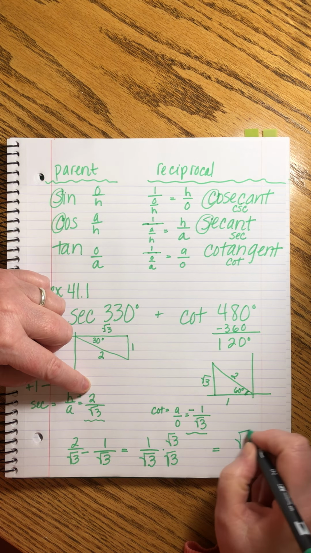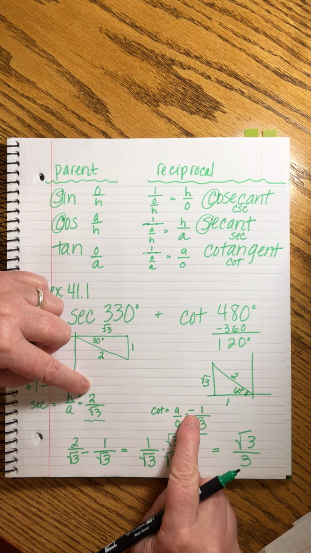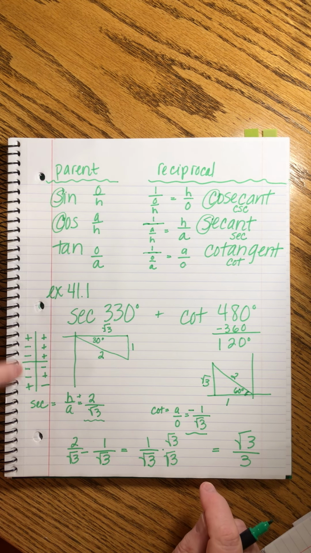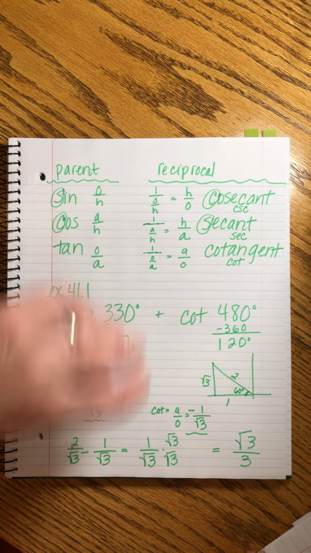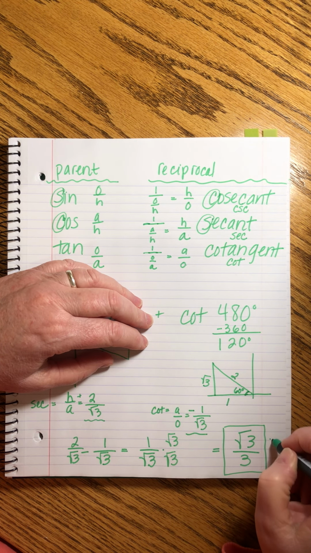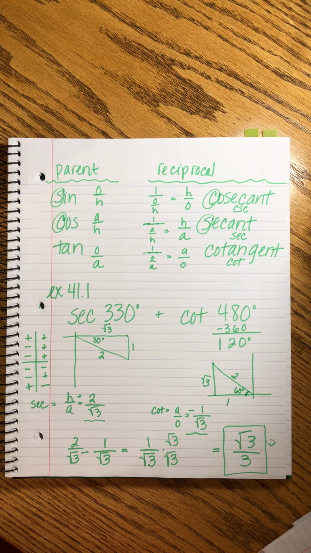And my final answer is square root of 3 over 3. There's my minus sign that came because cotangent and tangent are negative in the second quadrant. That's where that minus sign came from, right? So these signs for the reciprocal functions are the same as these. This is the right answer. Pretty happy about that. Okay, let's do another one.